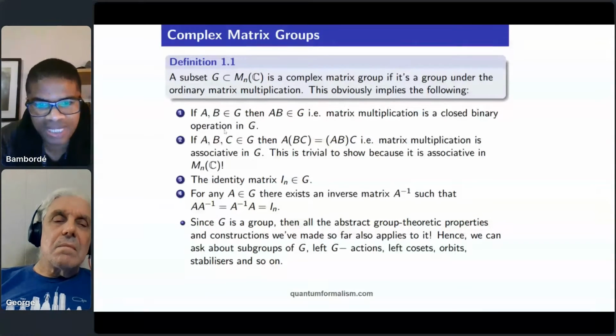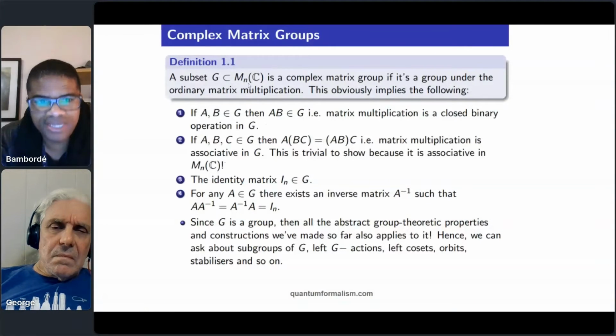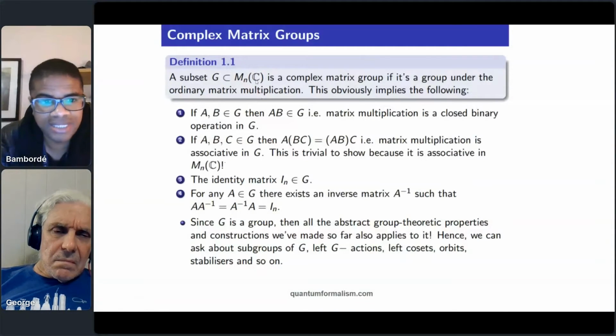Obviously, that also implies this thing. So it's a matrix group if it is a group. It has to follow the group axioms, right? So you need to check. So this is what we call a complex matrix group, a subset of n by n matrices.